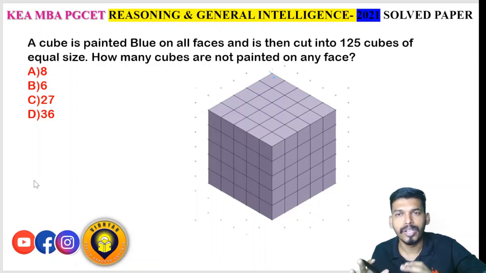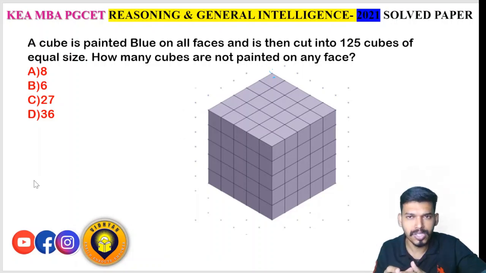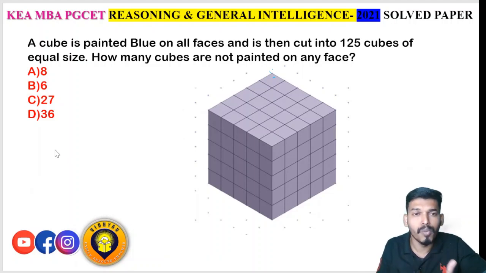That means if you rejoin these 125 cubes, it will become a cube again. You will get the volume of the cube.